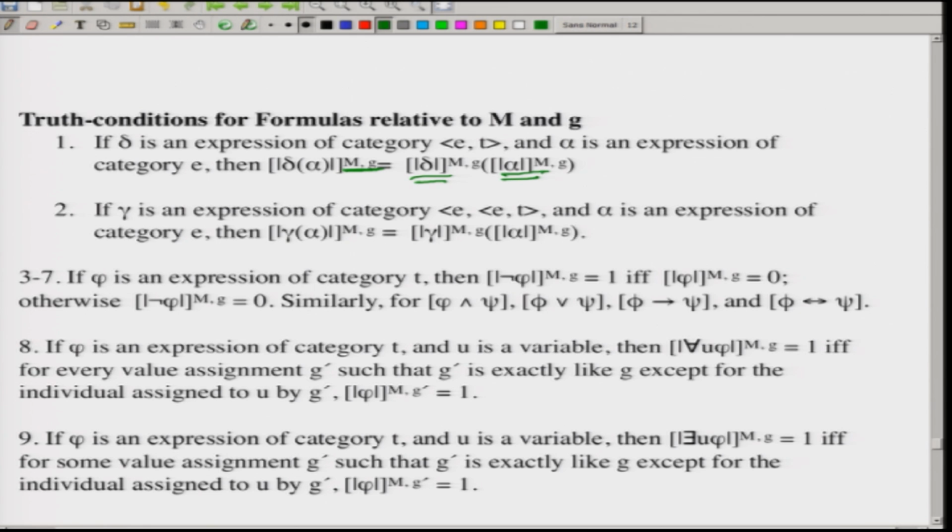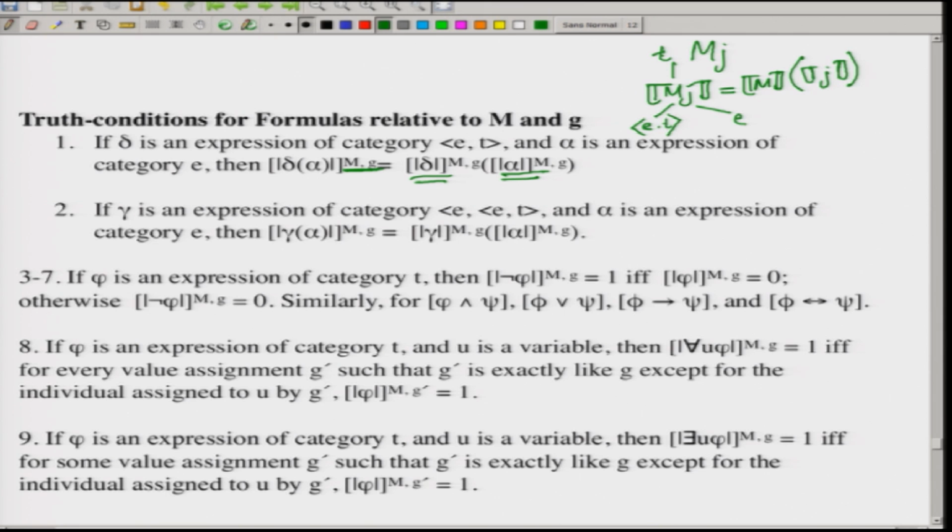So these will be the final value, which precisely means that if you have a construction like Mj, then the value of Mj will actually be the value of M, which takes the value of j. Here M belongs to e to t and j belongs to e, and this whole thing Mj belongs to t, that we can see.